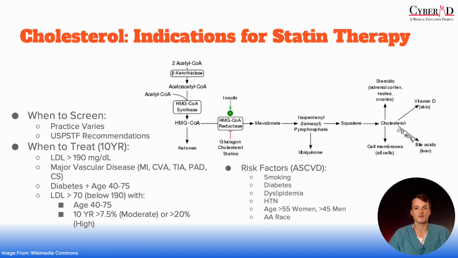Let's dive into one of the most important things, which is when to screen for dyslipidemia. So the practice of screening for dyslipidemia can vary significantly based on different guidelines, patient factors, as well as practice patterns of individual physicians. However, one of the key recommendations comes from the U.S. Preventive Services Task Force.